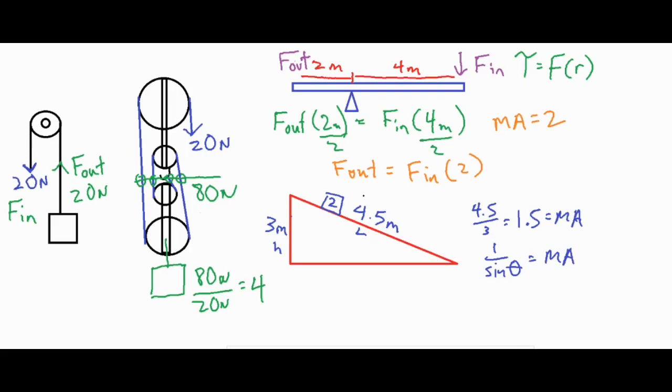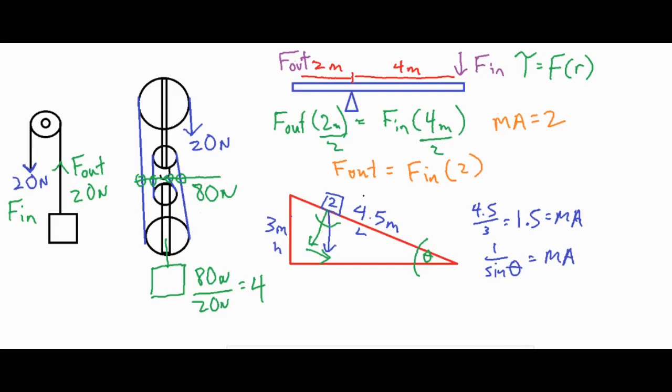Now I'm going to explain to you the longer version so you can see why that is the mechanical advantage. If you take a look at the 2 kilogram object, it has the force of gravity pulling it down, and it has a perpendicular and parallel component, and it's going to be the angle theta that's translated up here.